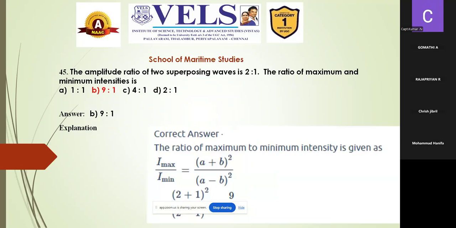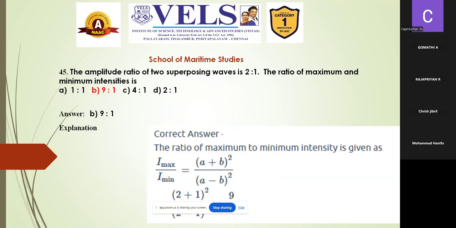The amplitude ratio of two superposing waves is 2 is to 1. The ratio of maximum and minimum intensities is given by the formula I max by I minimum is equal to A plus B whole square divided by A minus B whole square. Here A is equal to 2 and B is equal to 1.